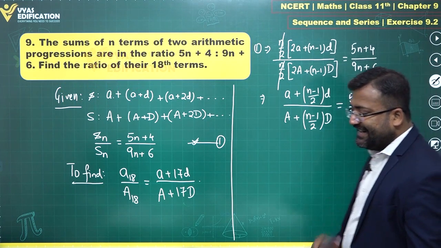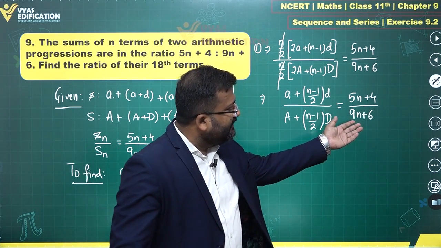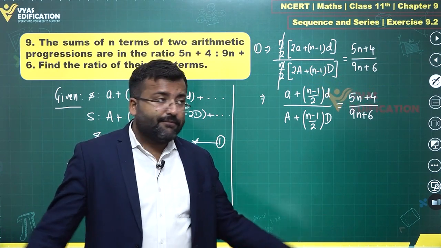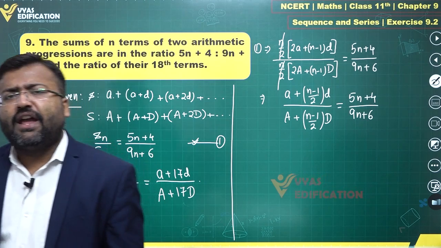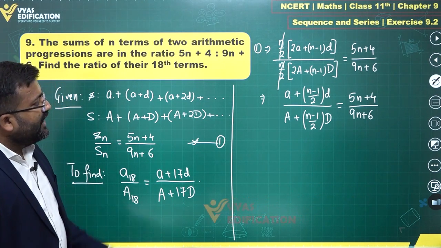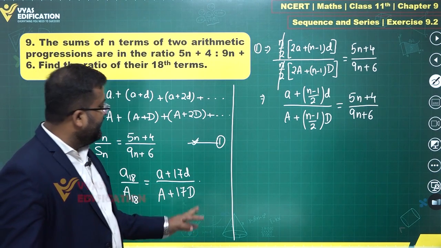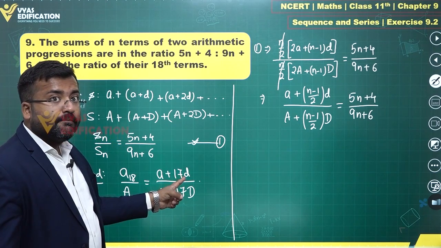The important thing at this stage is that I can put any particular value of n in this and the equality will hold, right? So any value of n can be substituted. What value of n are we interested in? We are interested in a plus 17d upon capital A plus 17 times capital D. So n minus 1 by 2 should be equal to 17.